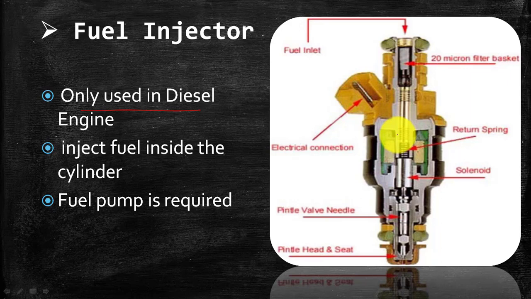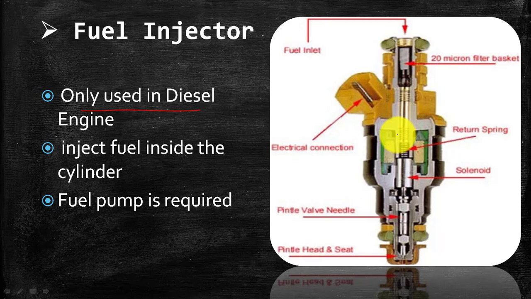So when the pressure inside the cylinder is quite high, and we are trying to inject the fuel inside the high temperature, high pressurized air, that's why we need the pressure inside the fuel injector quite higher than the pressure inside the cylinder, right?